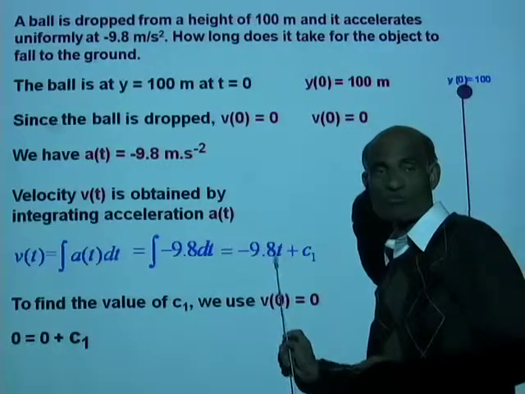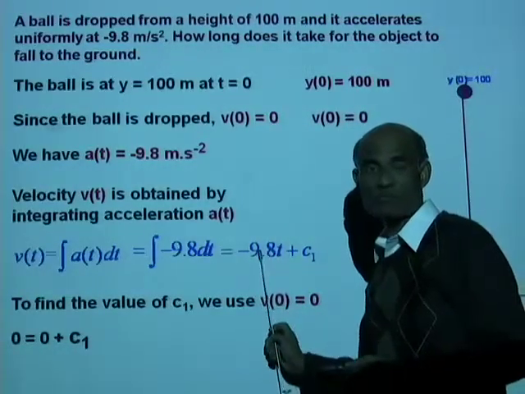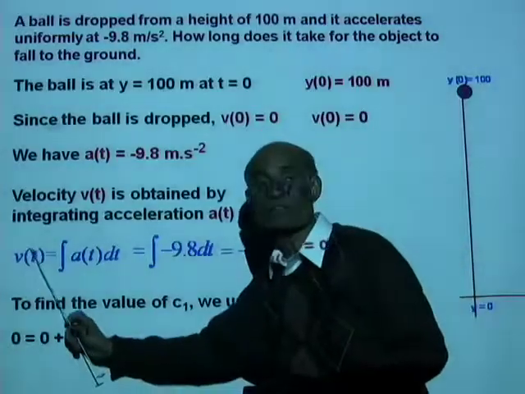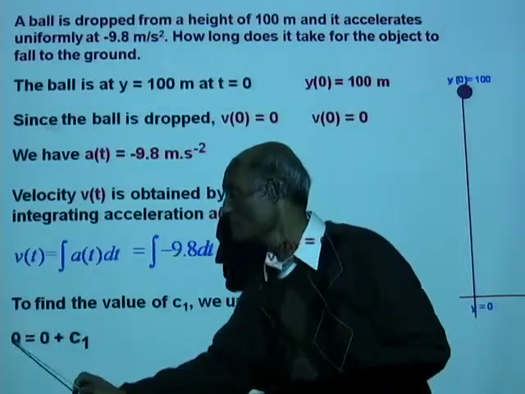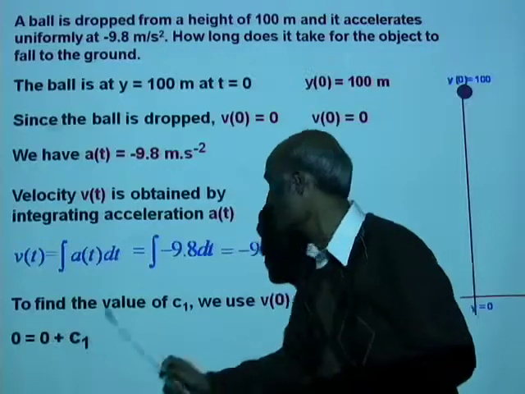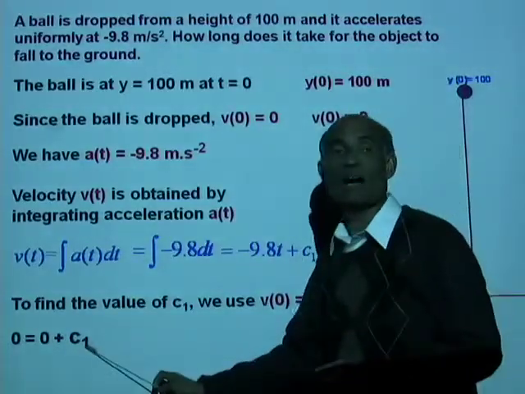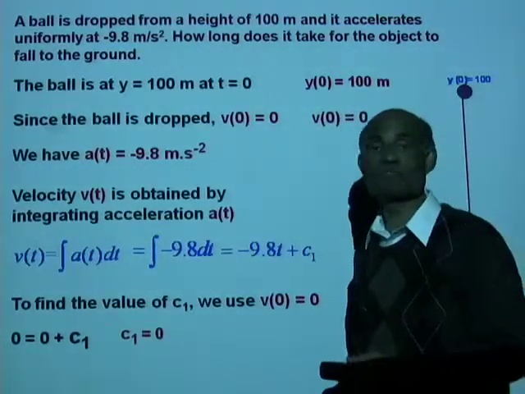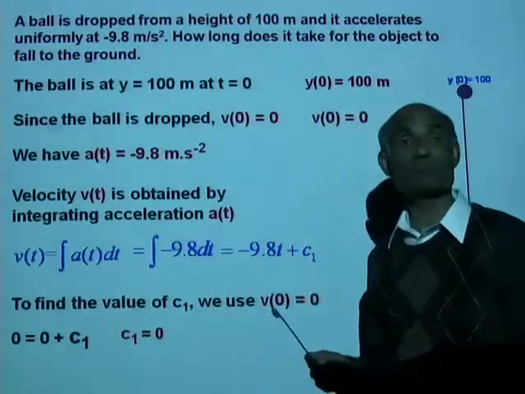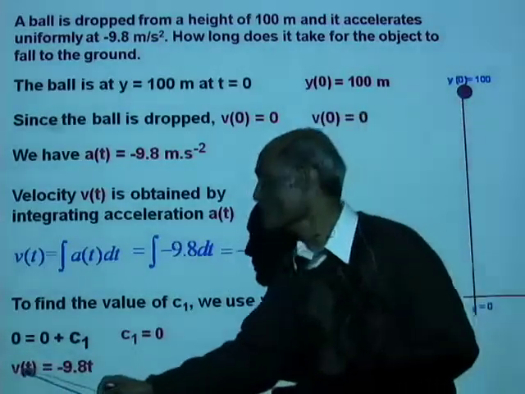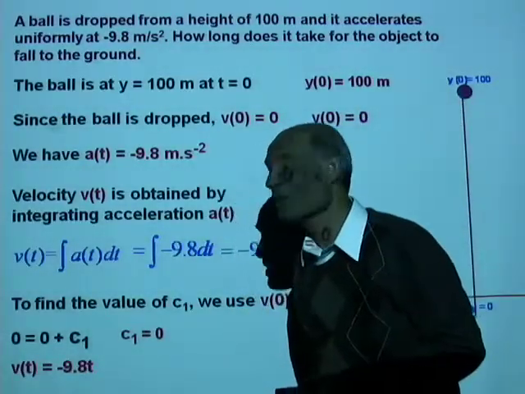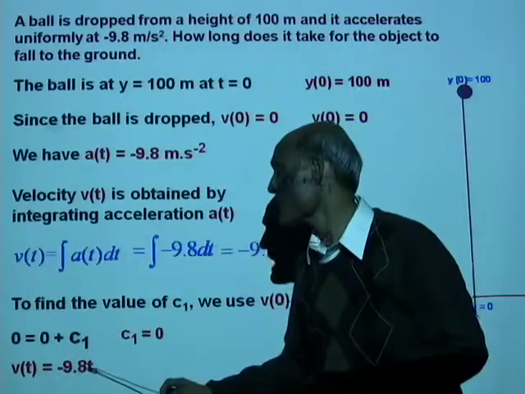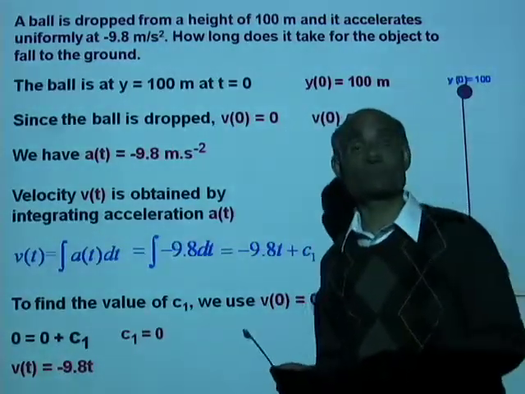When you replace this t by 0, this will become 0. And at that time, the value of velocity is 0. That's why it becomes 0 equal to 0 plus c1. And what is therefore the value of c1? c1 is 0. So our velocity function is now v of t is negative 9.8 t.